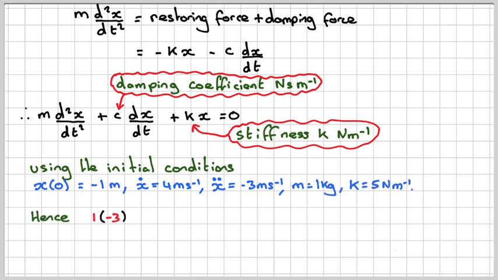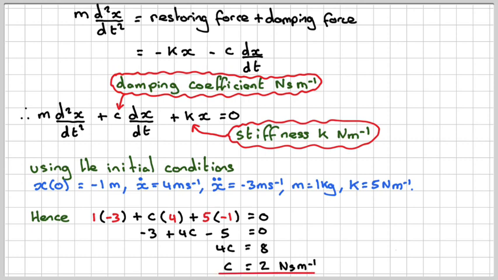We have the mass 1 times -3, the mass times the initial acceleration, plus c times 4, c times the initial velocity, plus 5 times the initial displacement, which is -1, will be equal to 0. If we now solve that equation, you get -3 plus 4c minus 5 is equal to 0. 4c will be equal to 8, and therefore c will be 2 newton seconds per meter, as given in the question.